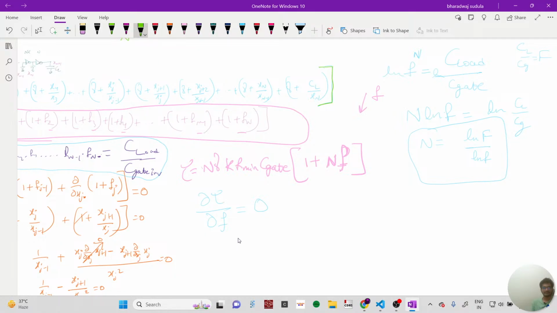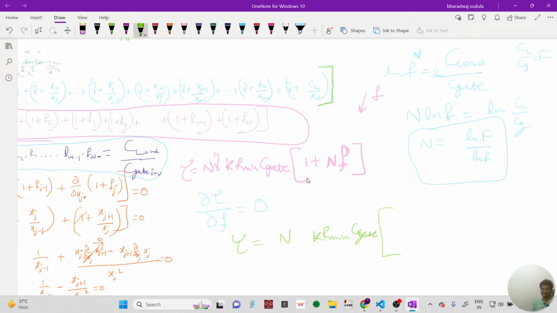Okay, tau is equal to n gamma k r min c, and I take this gamma inside because gamma is a useful factor.